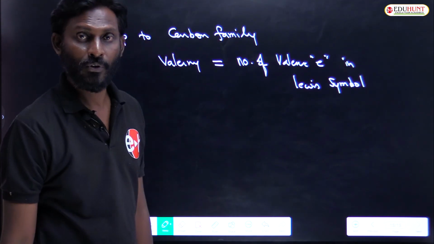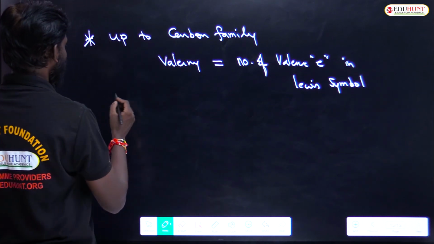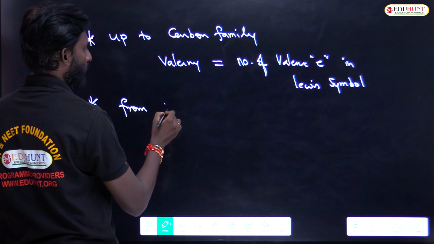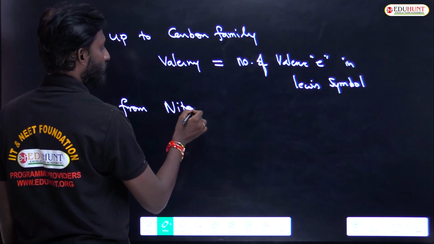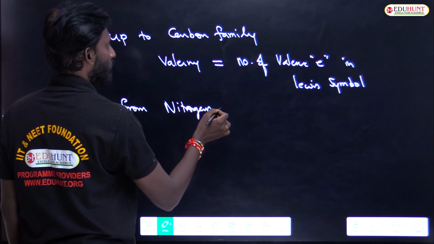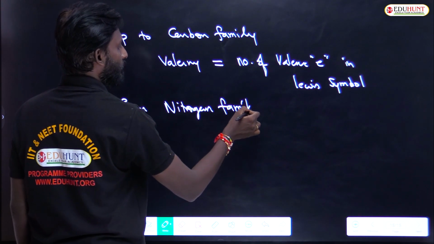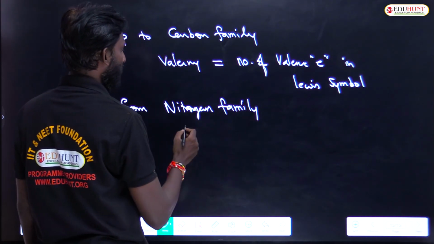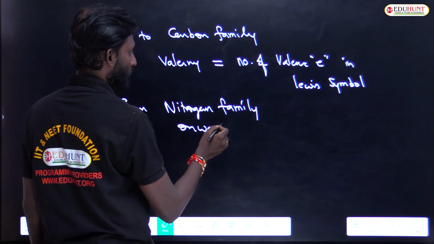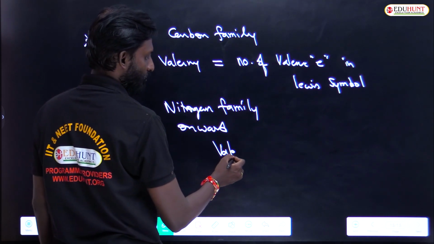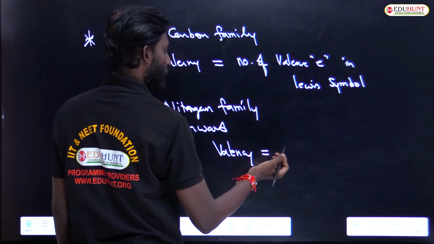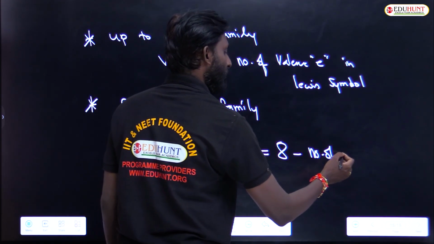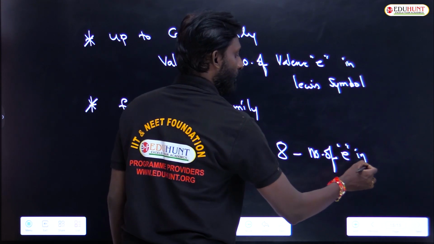Okay, I hope you know how to write a Lewis symbol. Then from the nitrogen family onwards, valency is equal to 8 minus the number of electrons in the Lewis symbol.